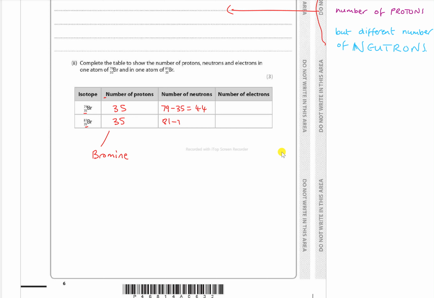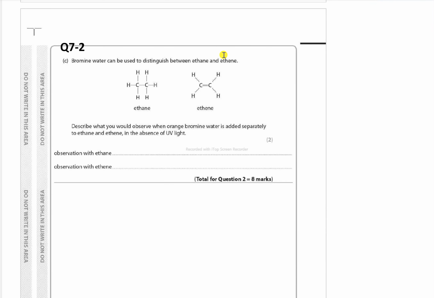And this is 81 take away 35, which equals 46. It just happens to be the case that the number of protons is the same as the number of electrons, but this number here does not stand for electrons, it stands for the number of protons. Just remember that. It's a common problem.